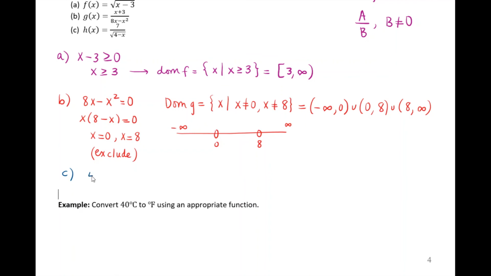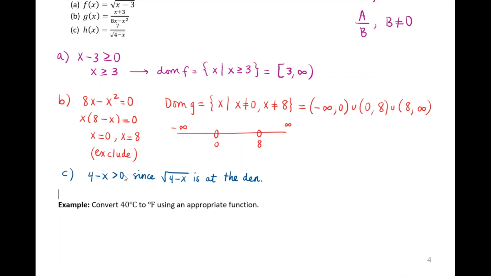So you have 4 minus x this time greater than 0, since the square root of 4 minus x is at the denominator. You cannot make it 0. If it's 0, it doesn't work.